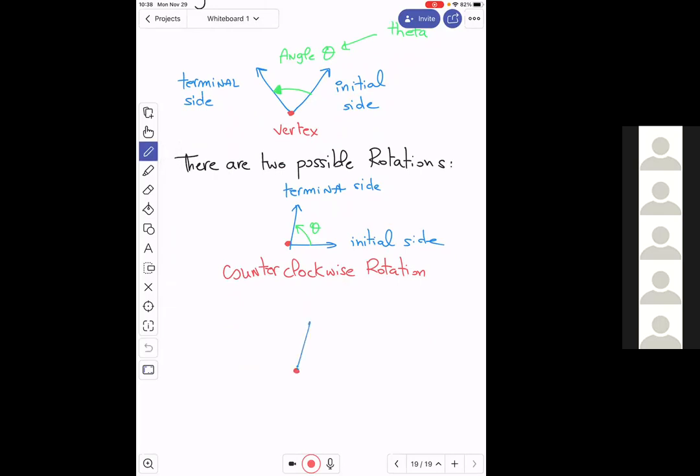Let's say this is my initial side, and here's my terminal side. If you go from initial side to the terminal side, you get your angle theta, and in this case you have a clockwise rotation.